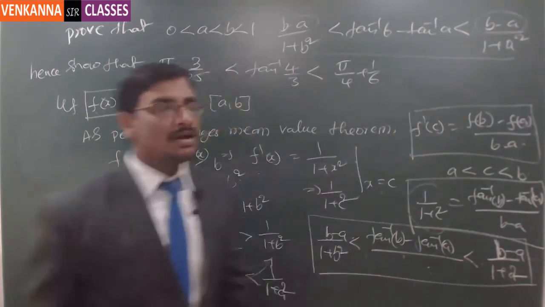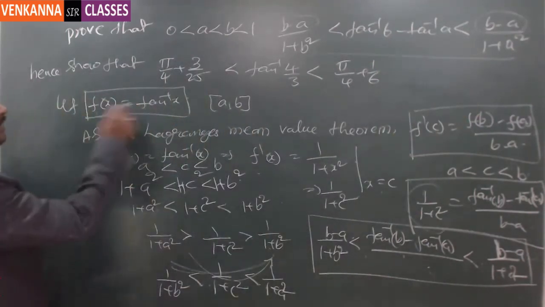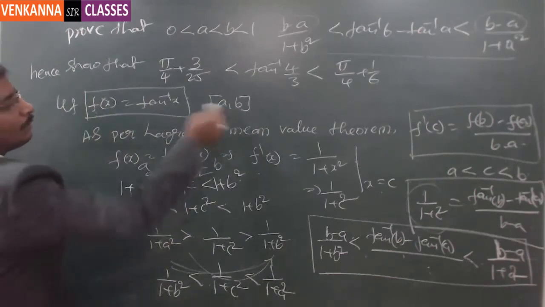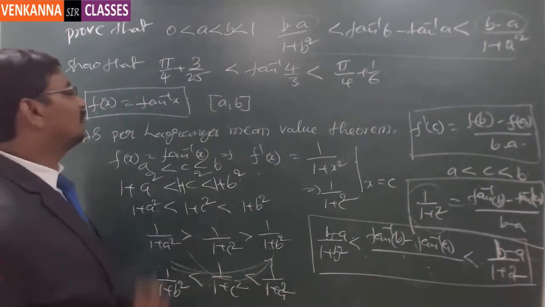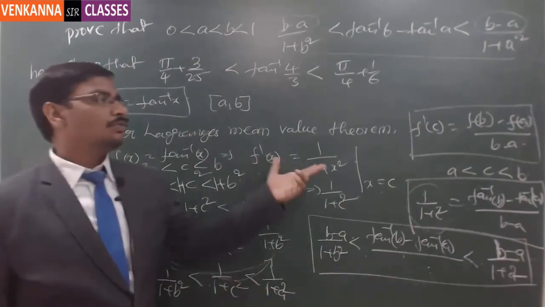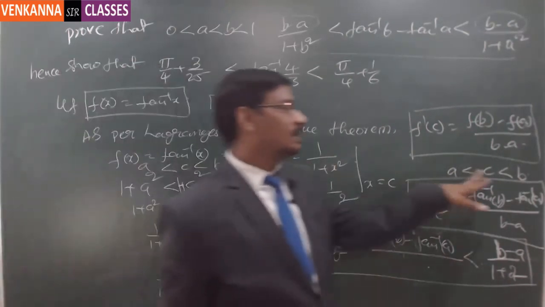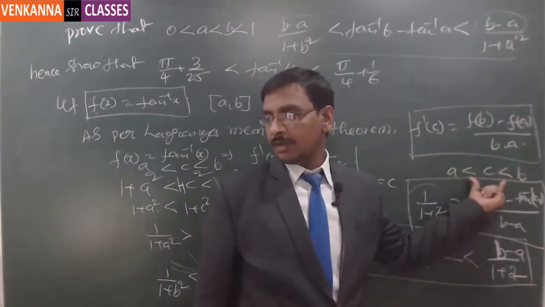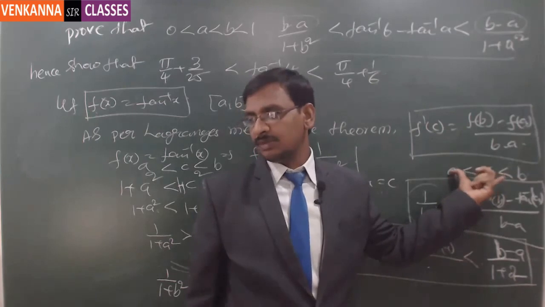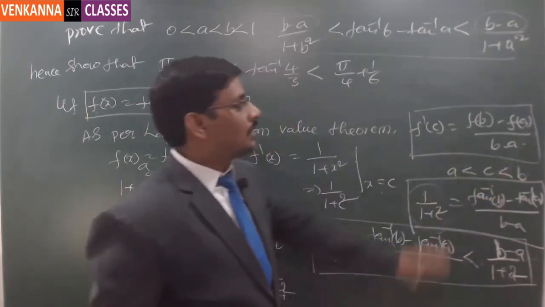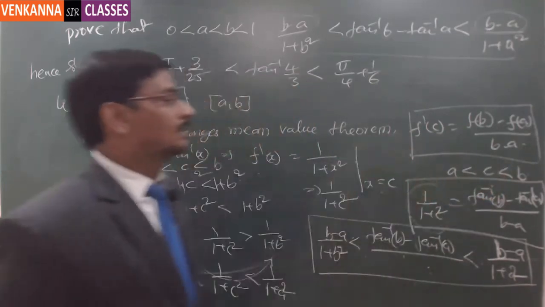So once you got that, f of x is equal to tan inverse x. You can apply Lagrange's mean value theorem between a and b. So this Lagrange's mean value theorem is finding out the derivative. Anyway, we are aware of A less than C less than B. This is a fundamental condition for Lagrange's or Rolle's theorem, or even Cauchy's mean value theorem also. Hence, once you identify this condition, take the derivative of it.